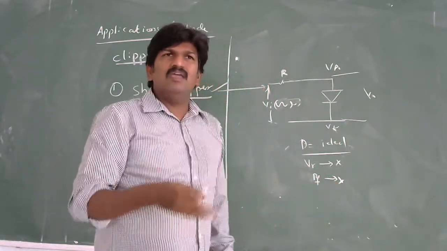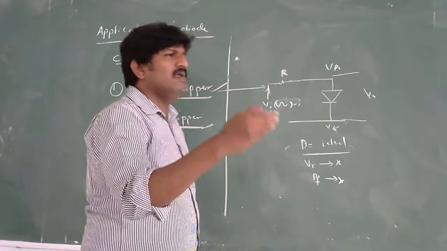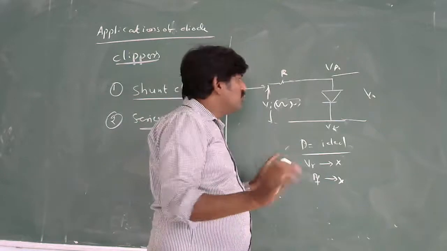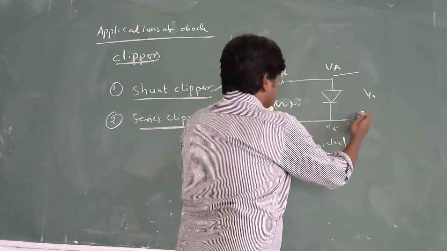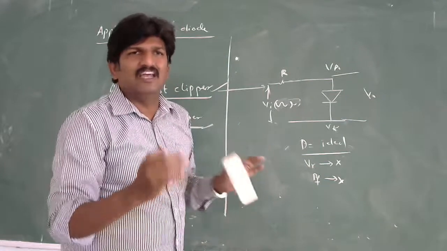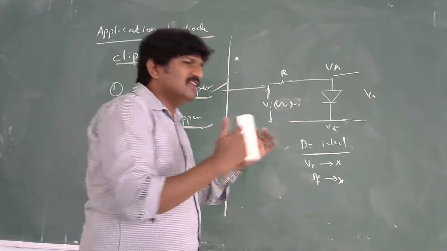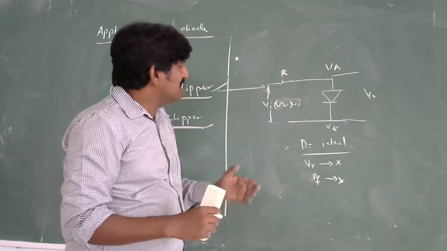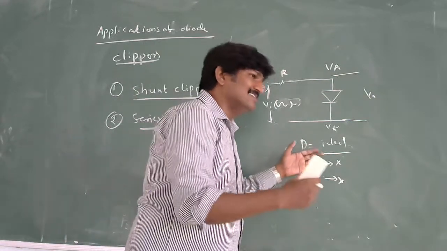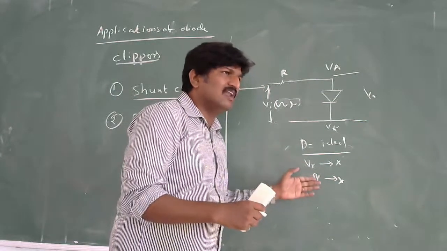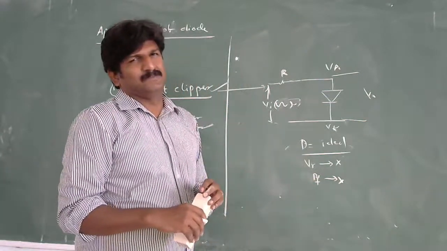It may be a closed circuit or an open circuit, depending upon the bias. To understand this, you first consider the diode as an ideal diode. In a further step, to analyze the circuit more, you consider the diode as a practical diode, where you include the cutting voltage as well as the forward resistance.